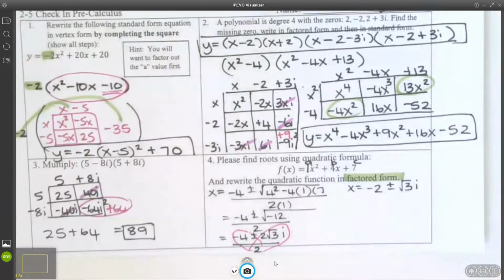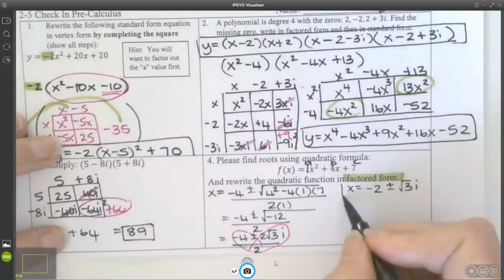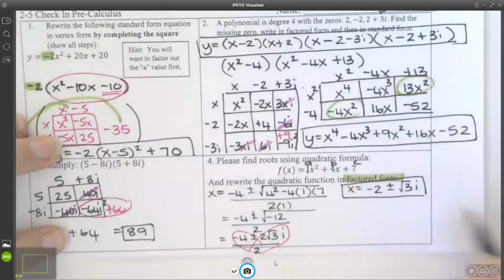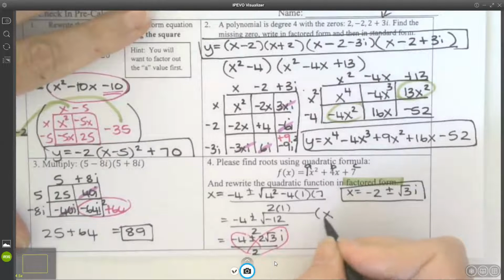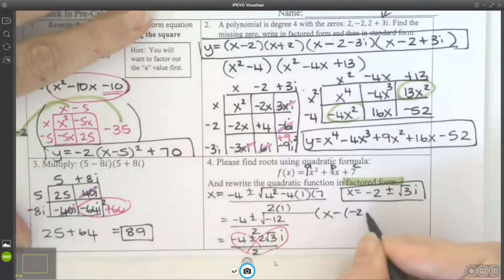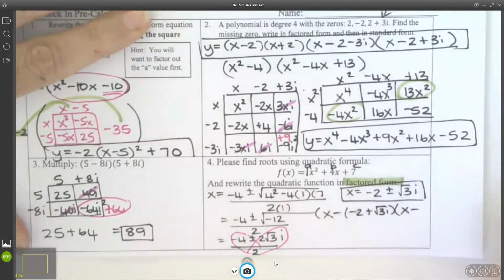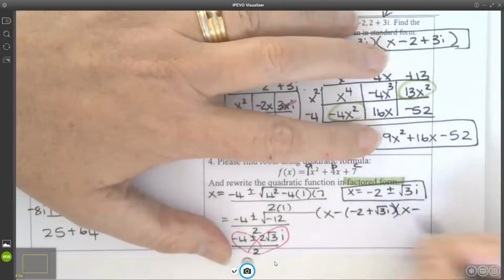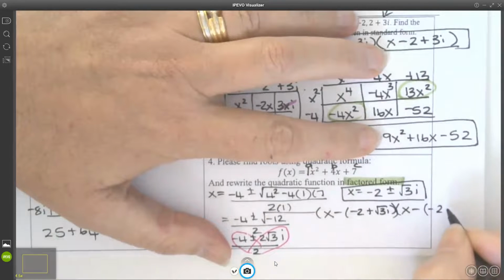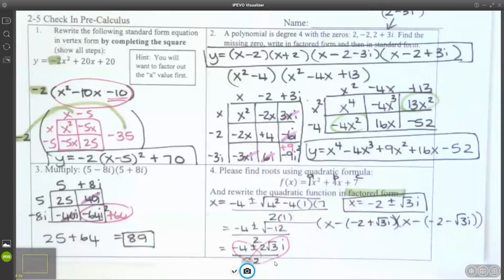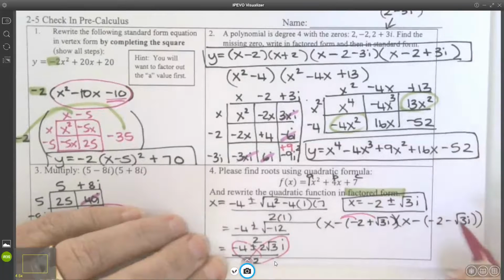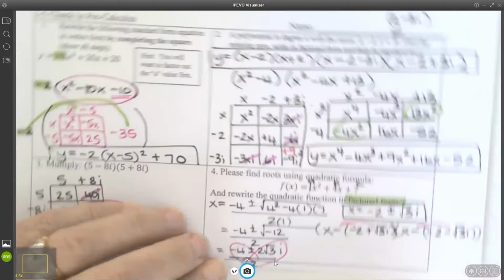So those are my zeros, or my roots. But the question also asked you to write it in factored form. So to write my factors, I'm going to do x minus my one zero and x minus the other zero. And I'm using parentheses as I substitute in there because I want to make sure that I remember to distribute those negatives.